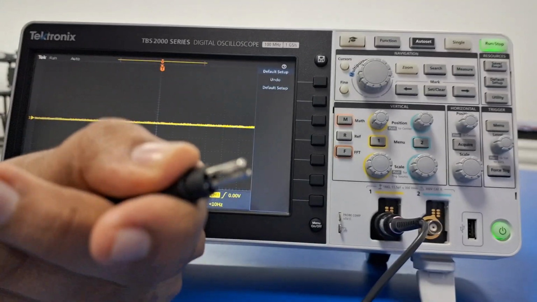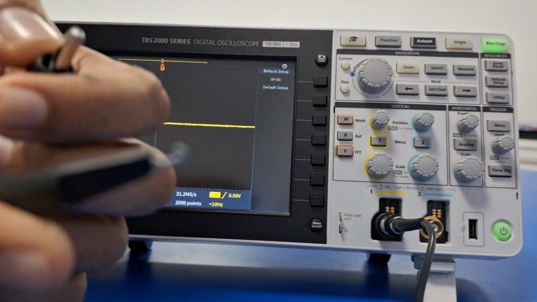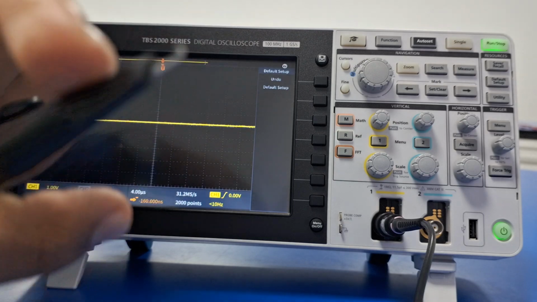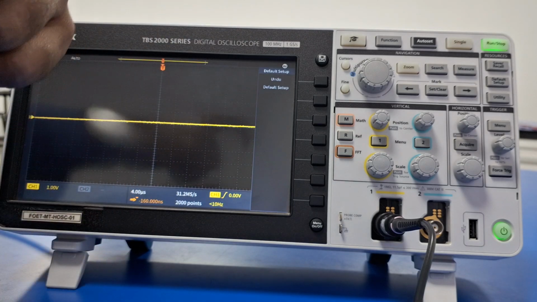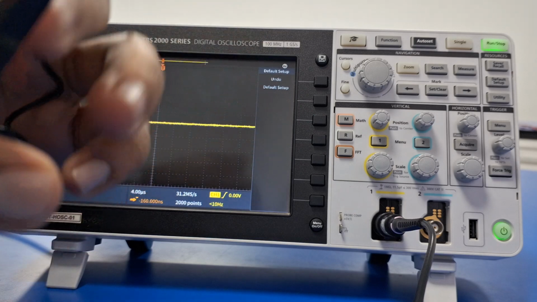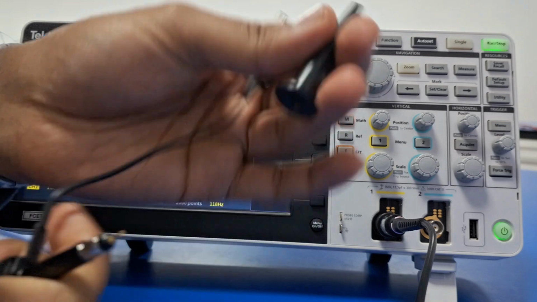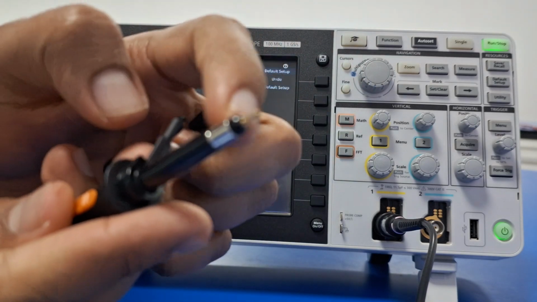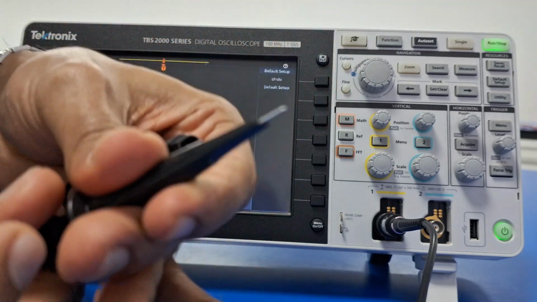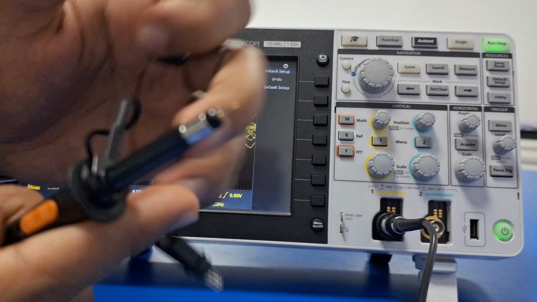It is very important to first connect your ground to the system and then connect the probe. So this is the ground and this is the positive. The signal should come into this probe, and this is actually detachable, so you can remove it and use this pin if you can't clamp it or hook it.